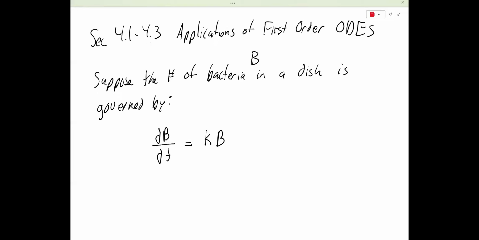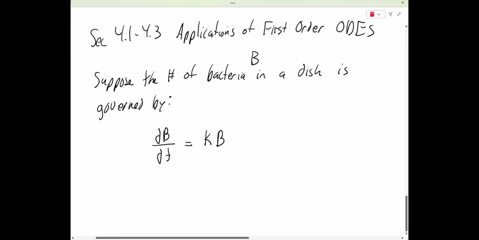Basically, the more bacteria in a dish, the faster the population changes. So the rate of change of the number of bacteria is proportional to the number of bacteria there.